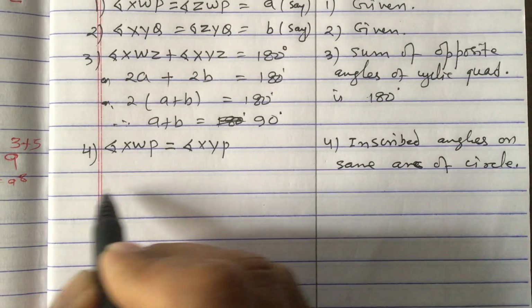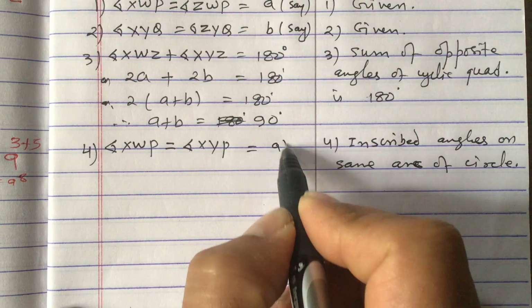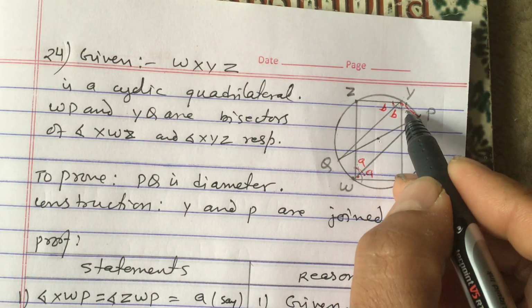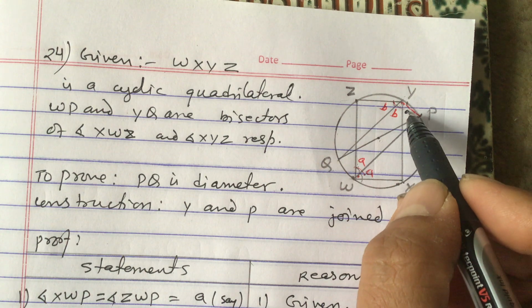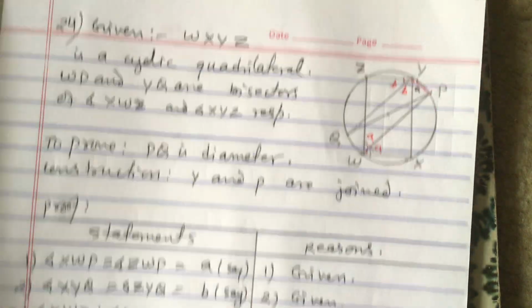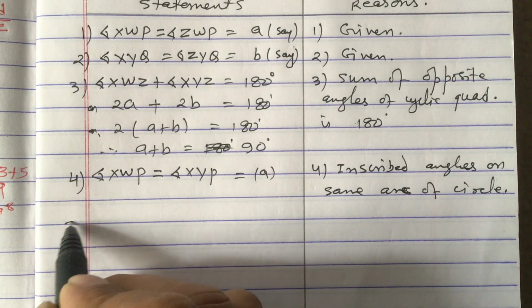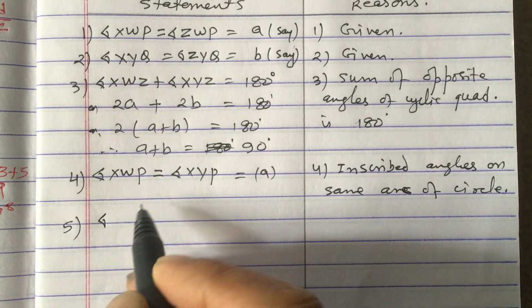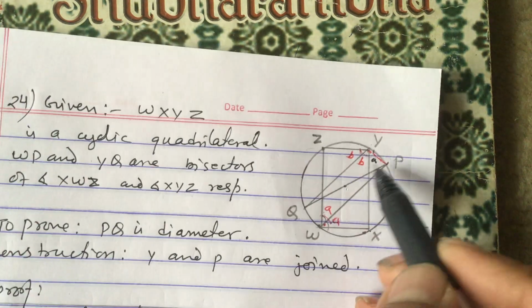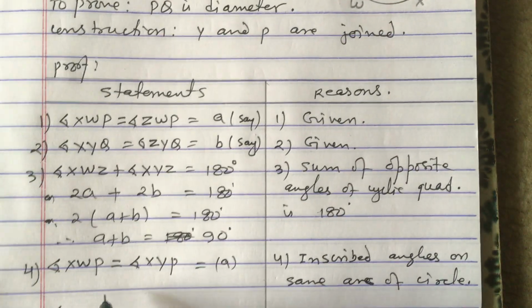Okay, so this is equals to A. See, this also A. Look at A. This angle A means now this also A, isn't so? Now what is the sum of this plus this? Now we need to find out this angle equals to this plus this. So number 5. Now which angle we need now here? QYP we need, isn't so? QYP or PYQ, same thing.